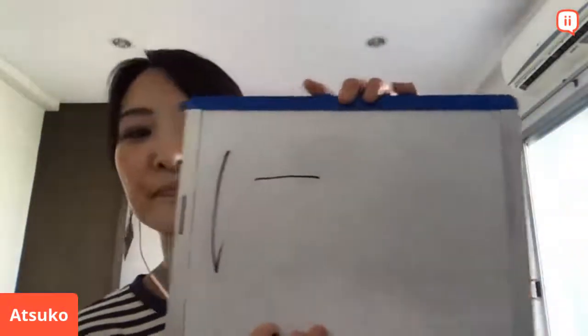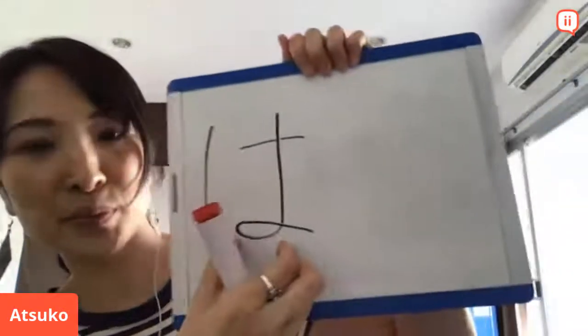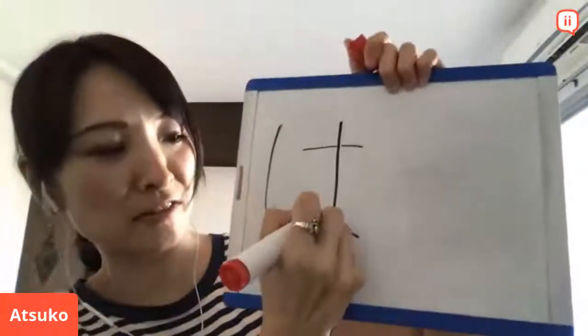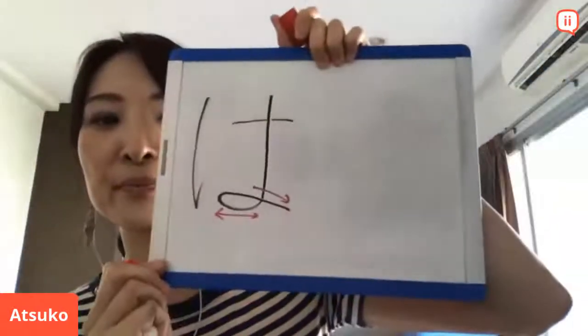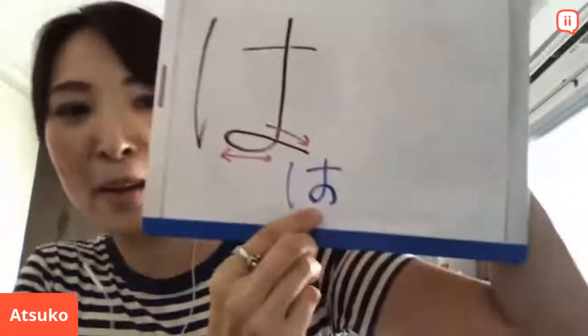Second stroke is a vertical line. And the last stroke, go straight down. Again, wide root, and go down, wide root. And I'll show you a bad example. This is a bad example.